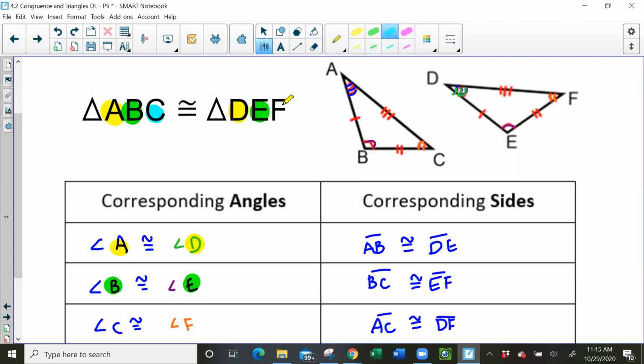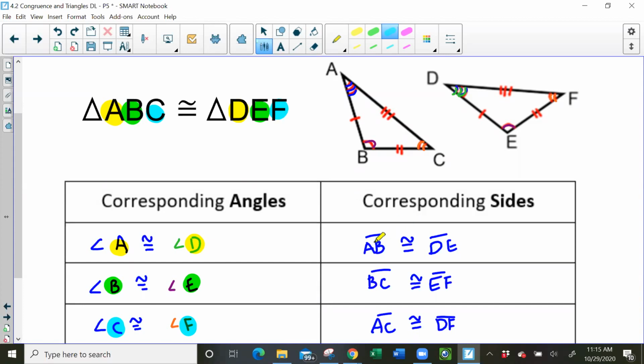And angle C and angle F are congruent because they're listed last. That will always work. So when you write your congruence statement, you have to make sure that you're putting this second triangle in the correct order when you name it.